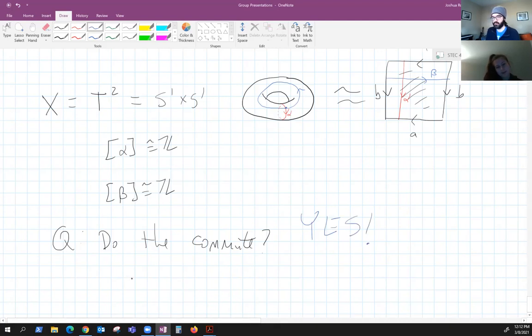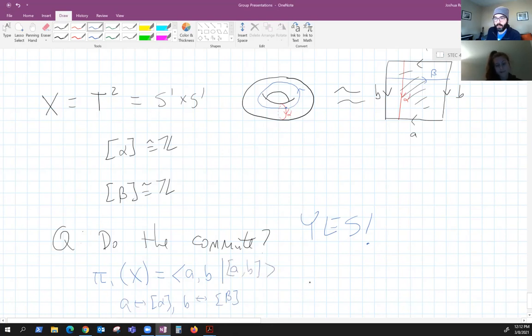So then can we say that the torus is isomorphic to Z plus Z, kind of thing? It's exactly right. Here's how we write that. This is equal to a group that has generators A, B, where A is going to correspond to this class, B is going to correspond to this class, with the defining relation, the commutator.